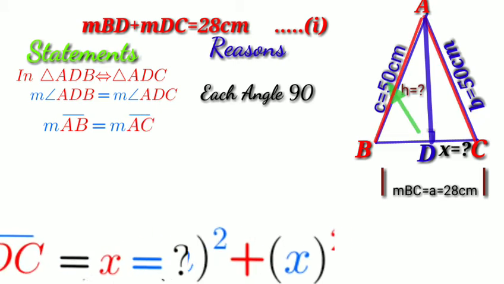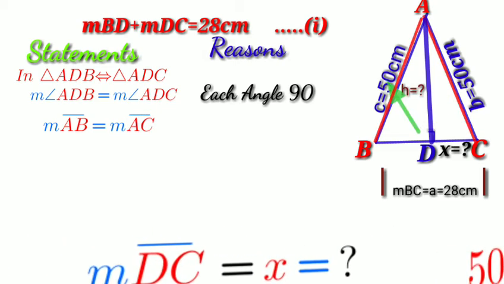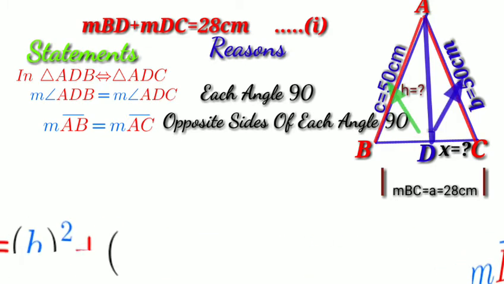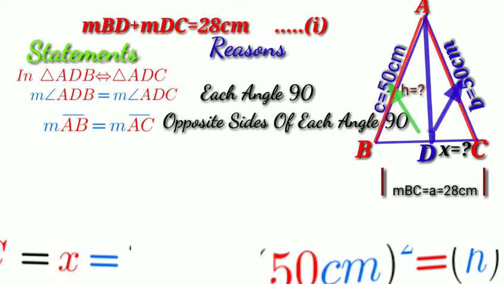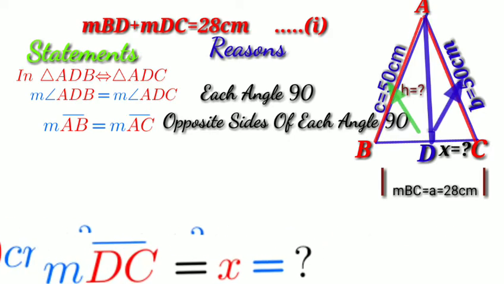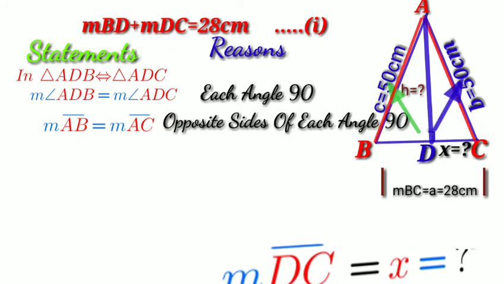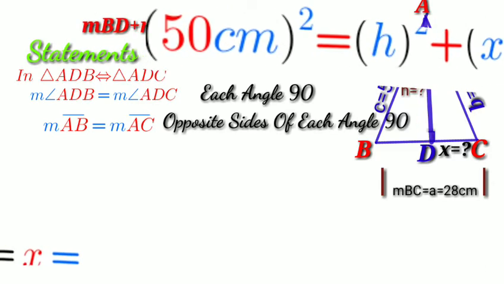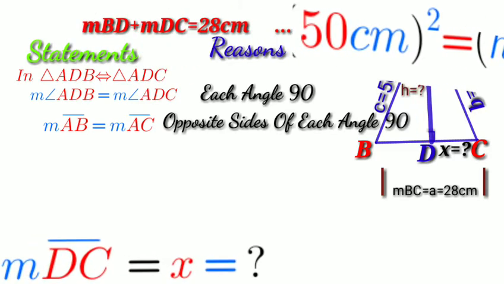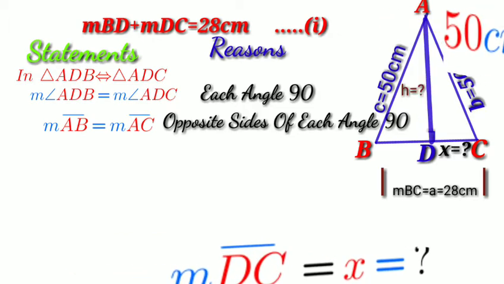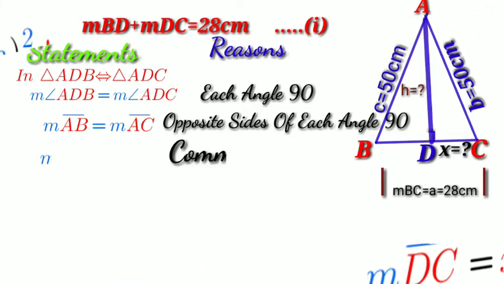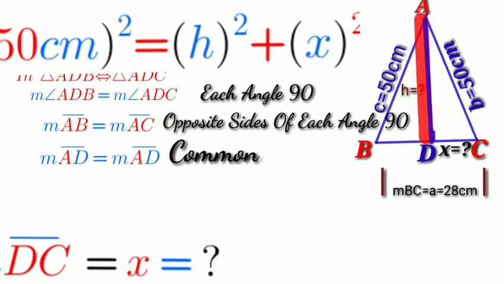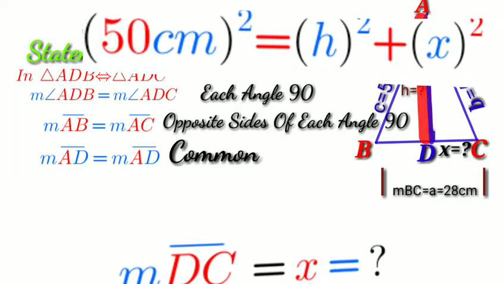Opposite sides AB and AC of each 90 degree are also equal. And side AD is common in both the triangles.